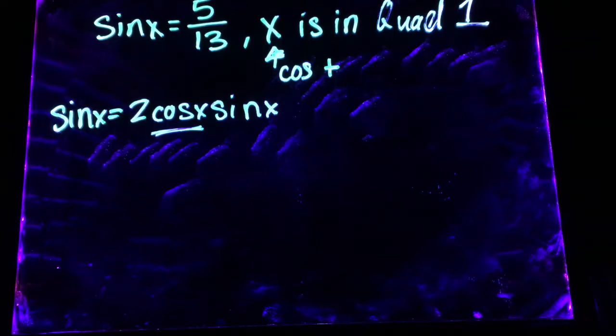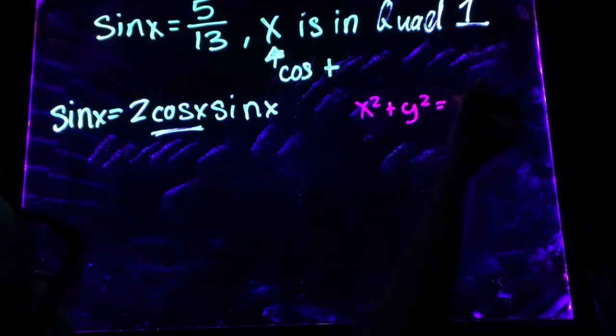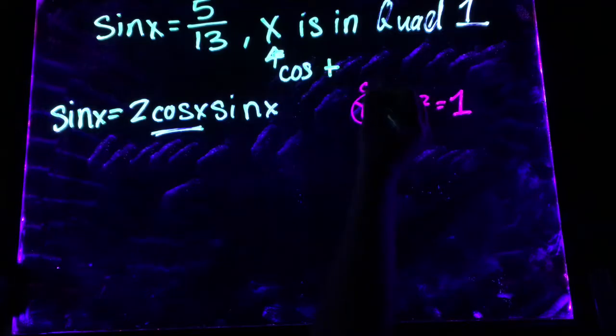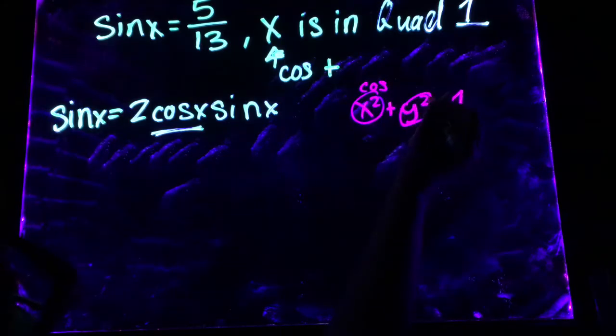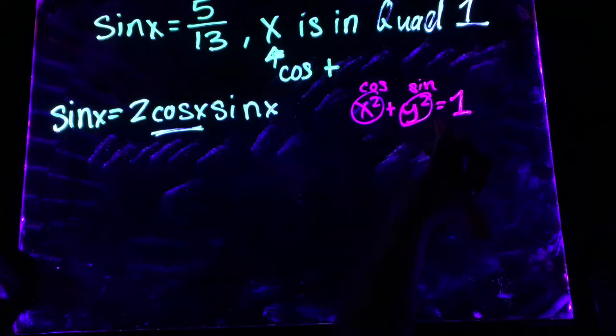So to do that, you have to use your unit circle equation, which is x squared plus y squared equals 1. And in this, your x is cosine and your y is sine. So then you can just start plugging it in and solve it just like any other algebraic equation.